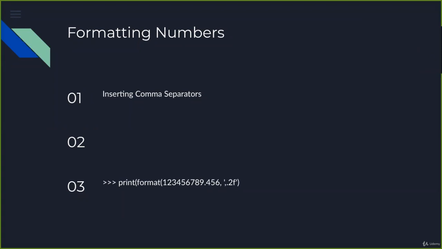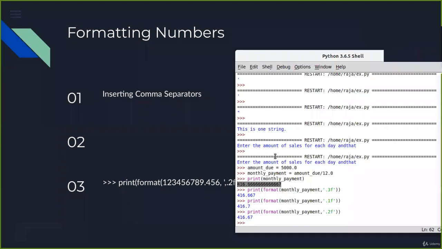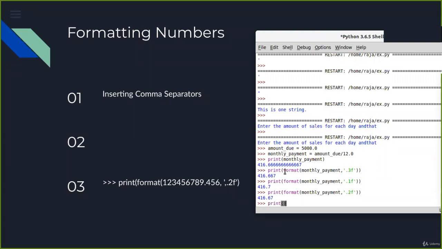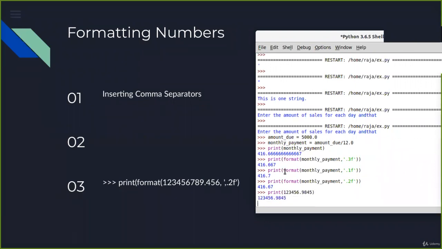So let's explore the formatting of numbers a bit more. Now we had seen that whatever number that we would like to print, suppose say 0.98, let me take any long number and try to print it.